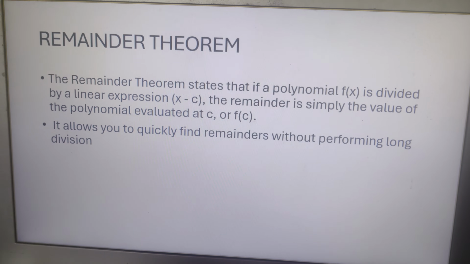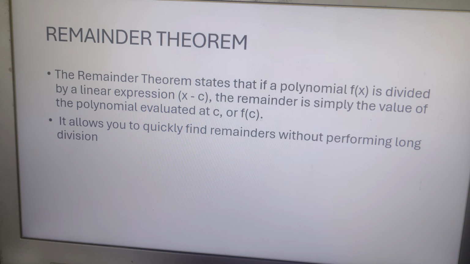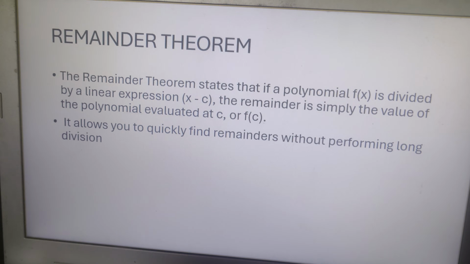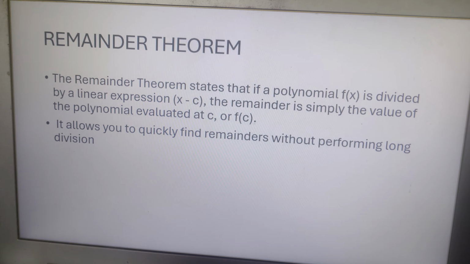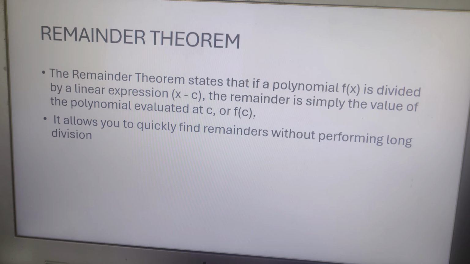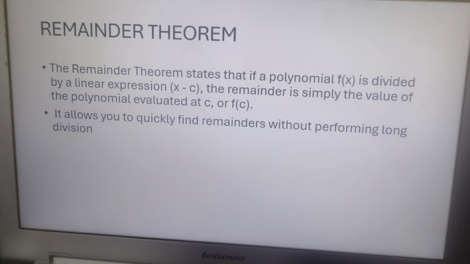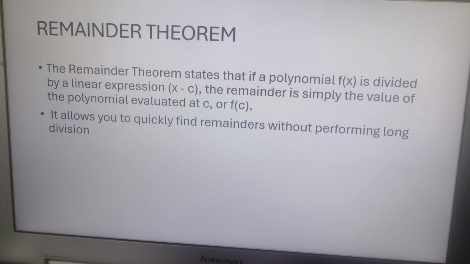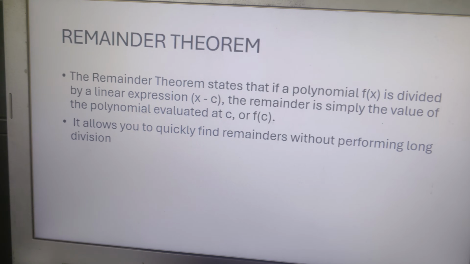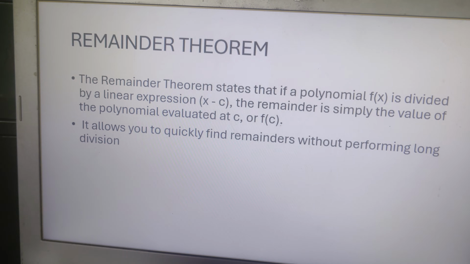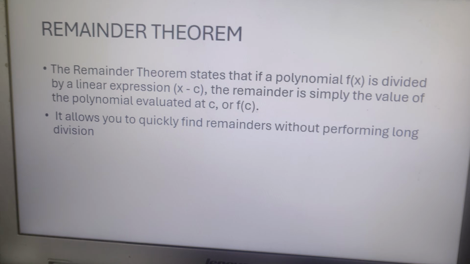If you are going to evaluate by x minus a, then for f of x you put f of a, and whatever value comes, that becomes the remainder of the polynomial. If it becomes 0, that means it is exactly divisible. When it leaves some remainder like 3, 5, or minus 1, then it becomes a remainder.